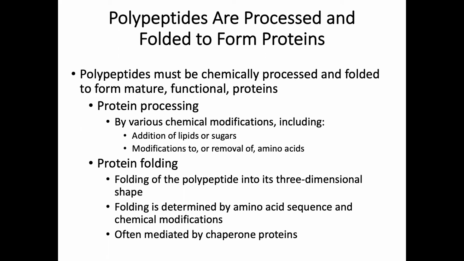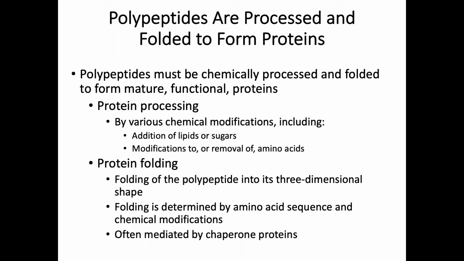Once proteins or polypeptides are made, they may not be functional because they may need further chemical modifications, or they may need further folding to become functional, right? Sometimes proteins need to be further processed to form a mature and functional protein. During protein folding, amino acids interact with each other to produce a well-defined three-dimensional structure known as the native state.